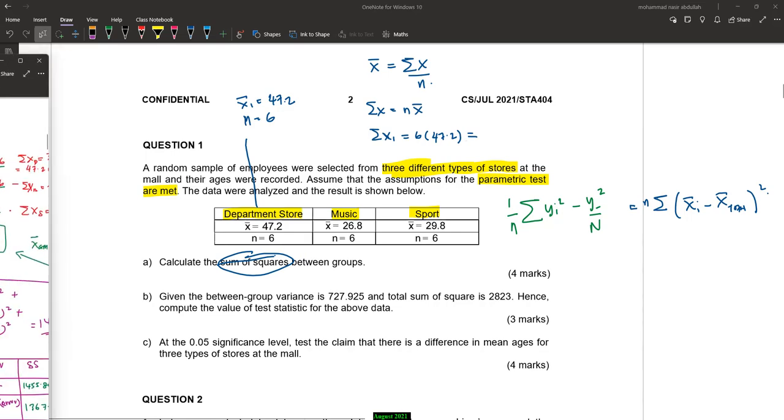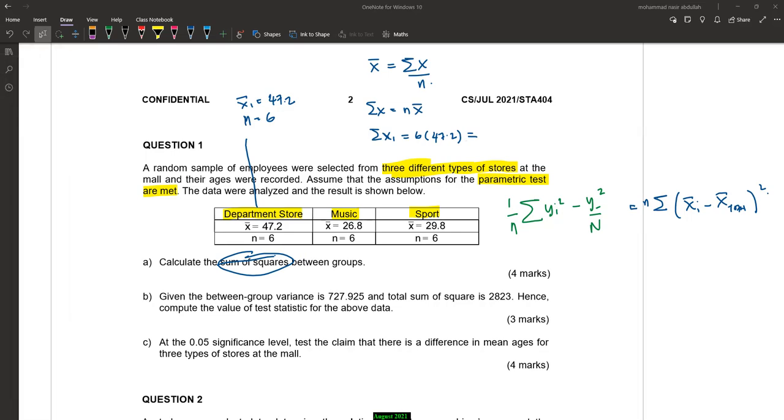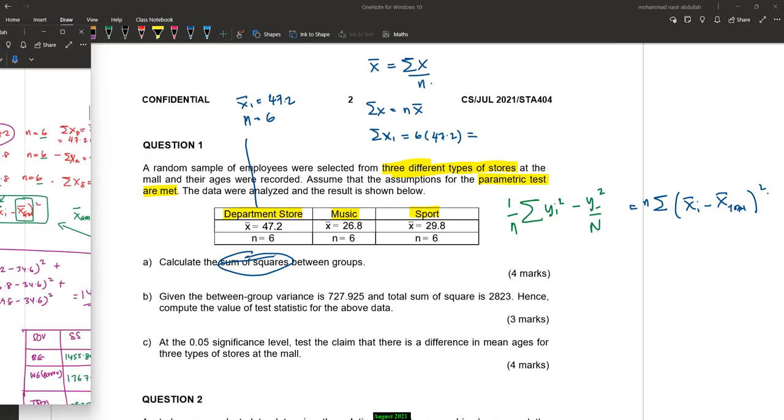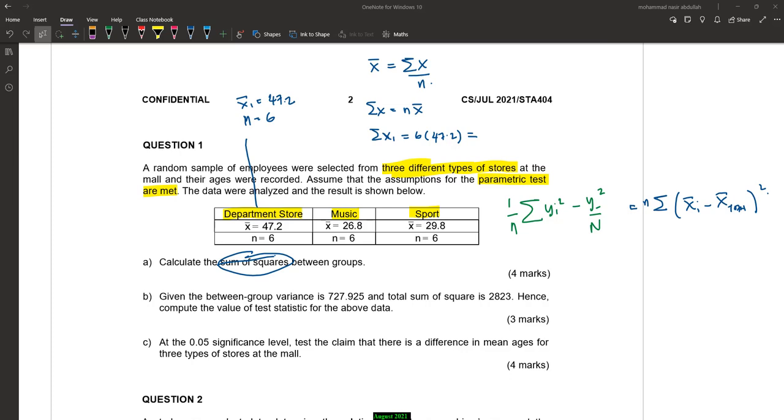Can you calculate for me? Okay, mana ada jawapan? 283.2.